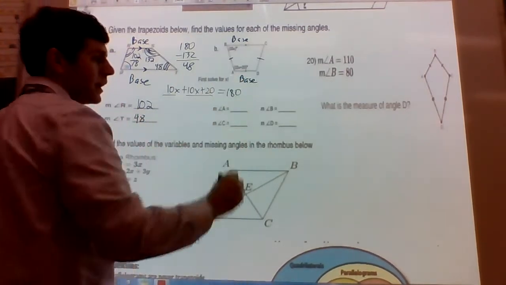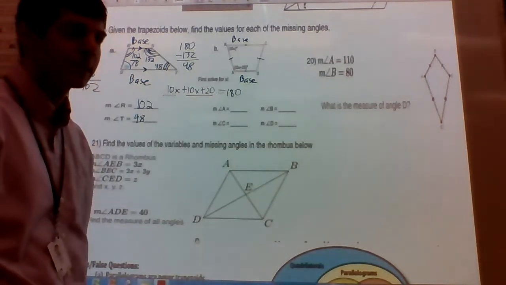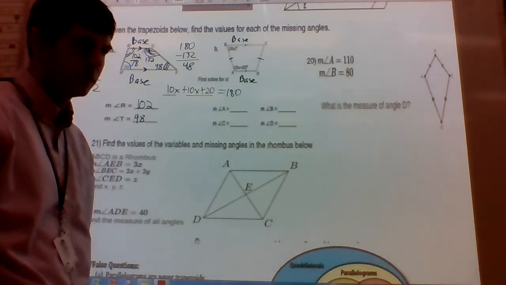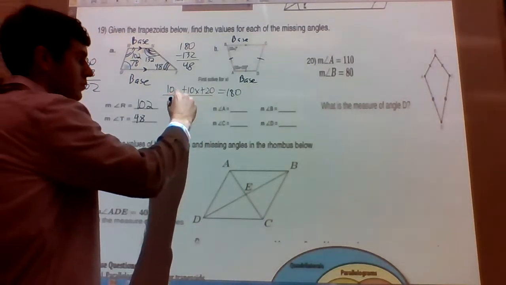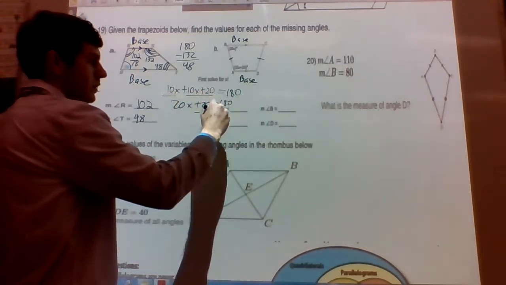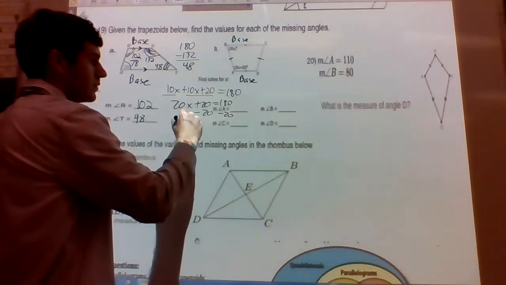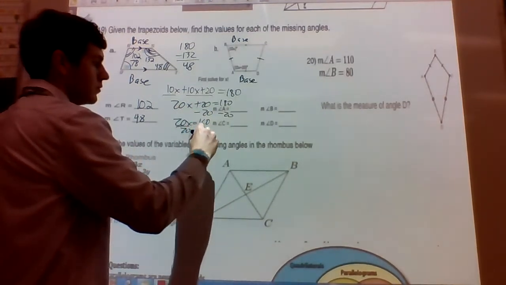They add up to 180 because they're consecutive angles between the bases. Combine like terms, we have 20x plus 20 equals 180. Subtract 20. 20x is going to equal 160. Divide by 20. X is going to equal 8.